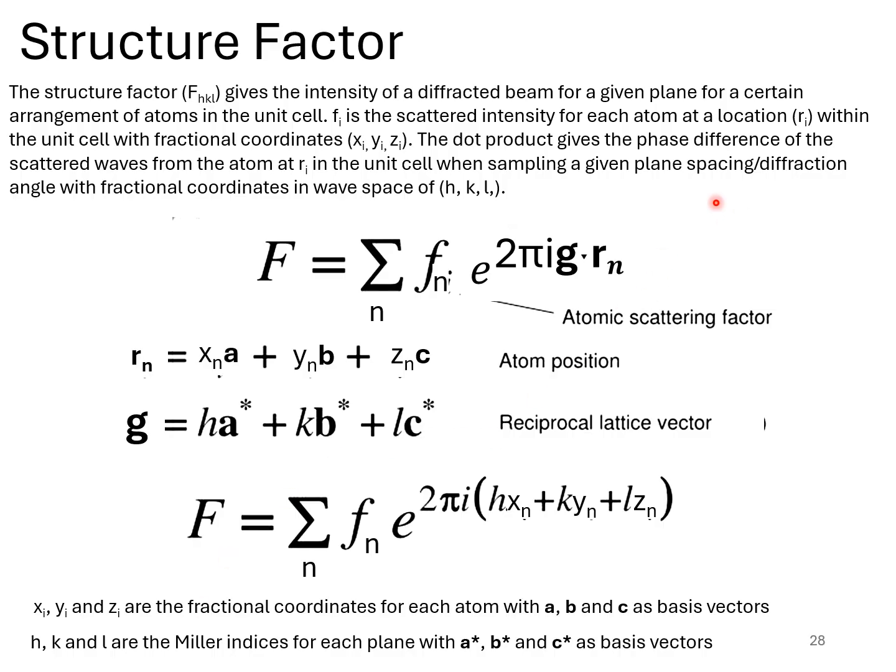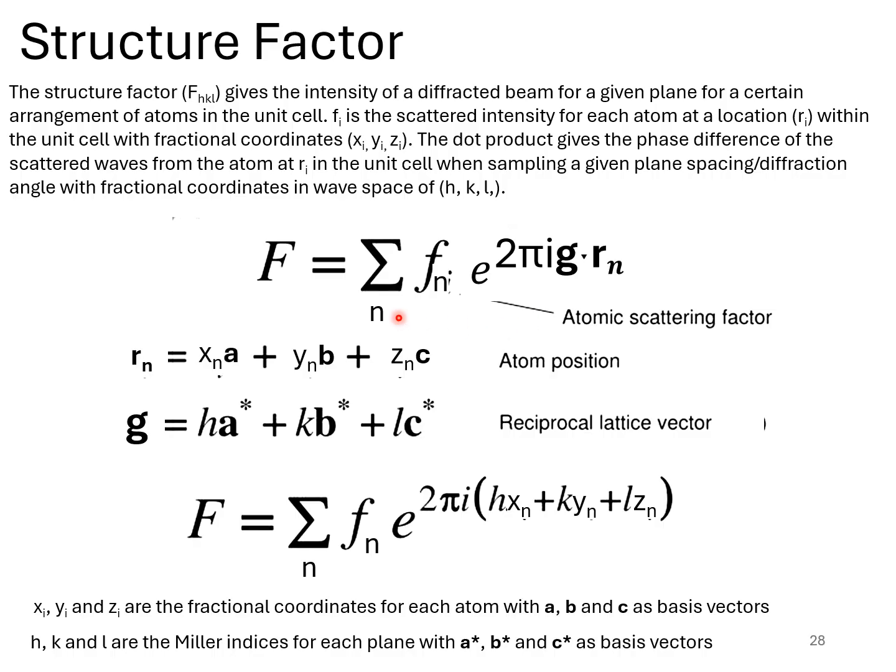Moving backwards a little bit now, I mentioned that one can sum up all of the scattering from different planes in the unit cell, the plane being represented by the diffracting vector, which is the equivalent of a reciprocal lattice vector, of length 1 over d and direction perpendicular to the plane, and the different atoms in the unit cell.